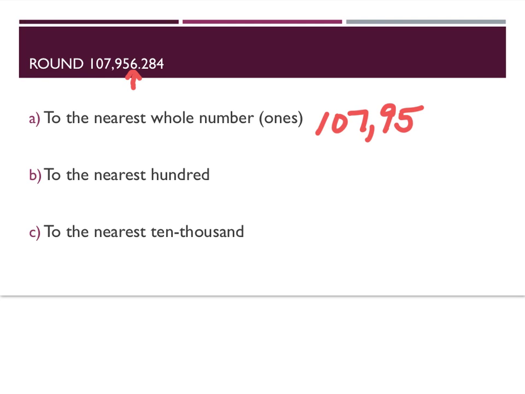The 6 is going to stay a 6 or it's going to raise to a 7. I look at the digit immediately to the right, it's a 2. 2 is 4 or less, so the 6 is going to stay a 6. Now anything to the right of the decimal point, I just drop. So if I round this number to the nearest whole number, it's 107,956. Not 156,000, just 956.